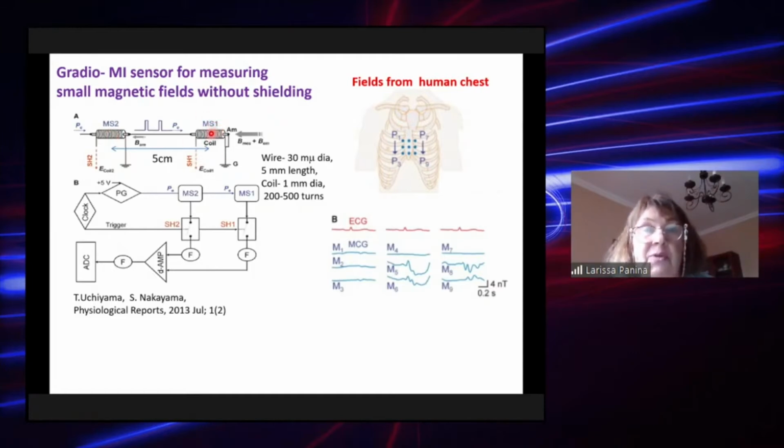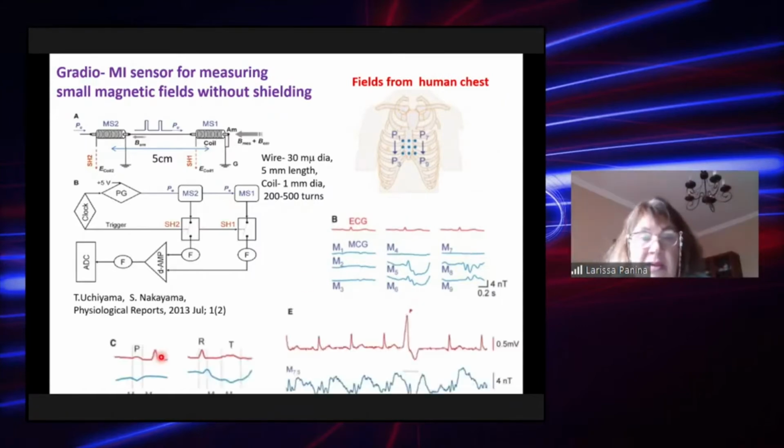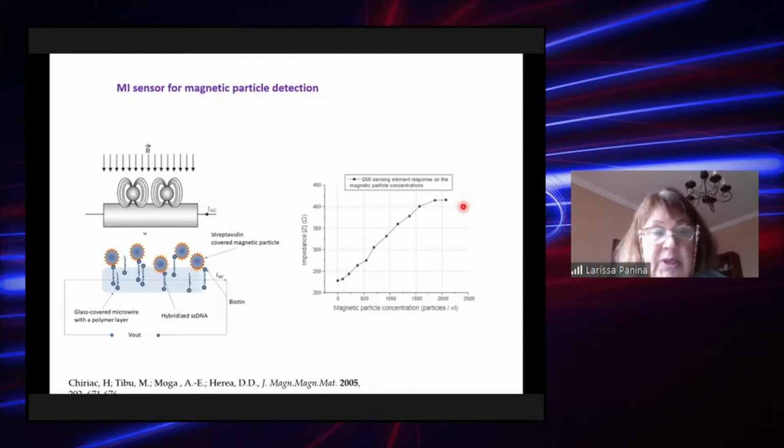The signal was taken from the coil, the so-called off-diagonal magnetoimpedance, and they managed to construct an array of such sensors, and each sensor would produce an MCG signal, and this is for comparison with the electrocardiogram signal.